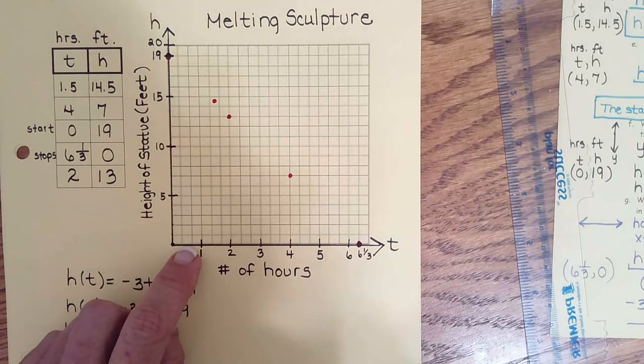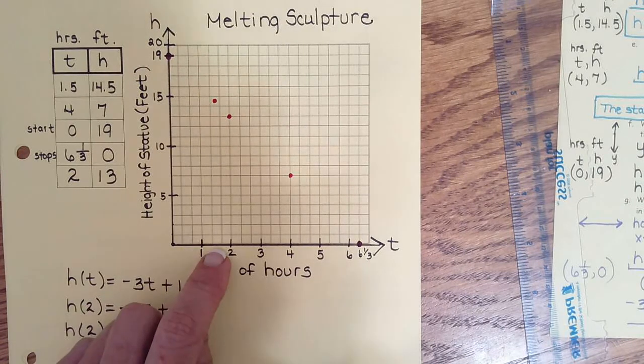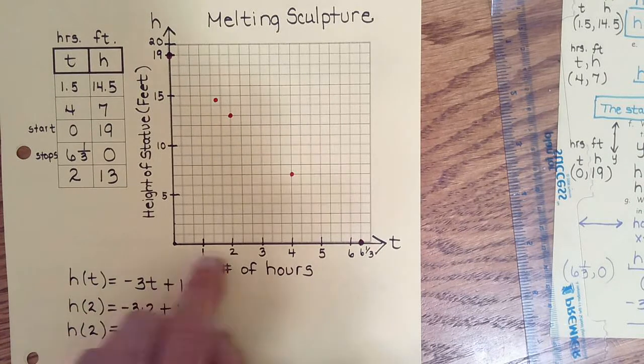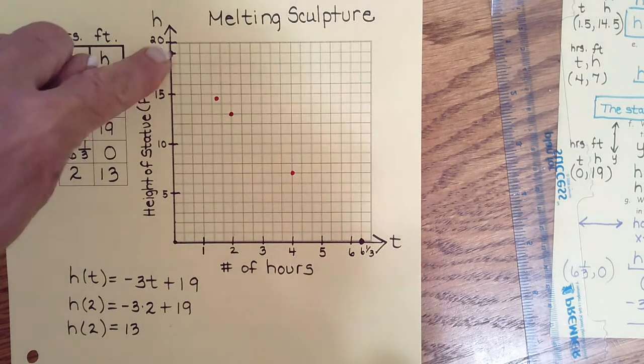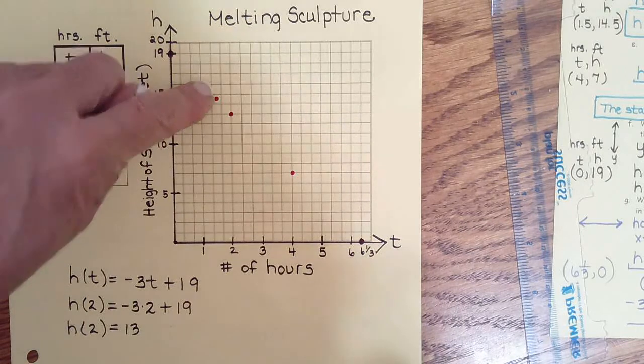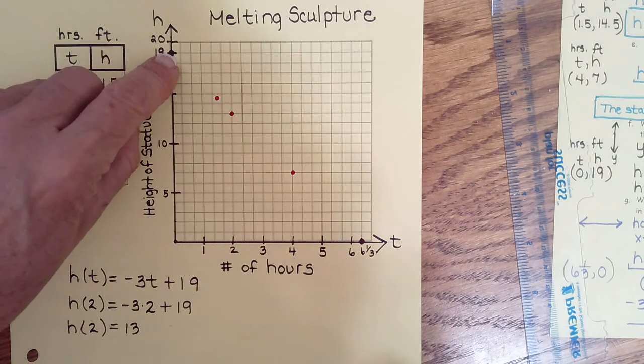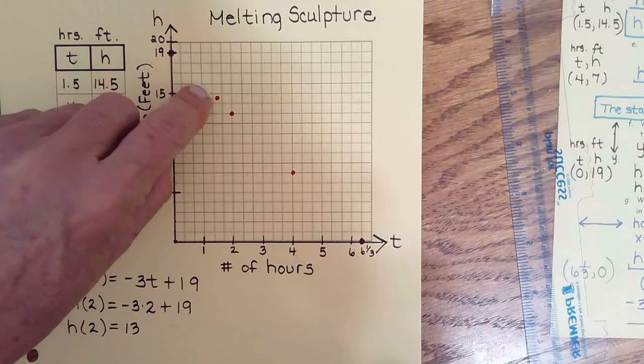Yeah. 1/2 of an hour? Yeah. 0.8 hours? Yeah. 1.3 hours? Yeah. Fractions and decimals make sense when you're talking about number of hours. It's not going to jump from here to its height at 1. It's going to cover every single height as it melts.